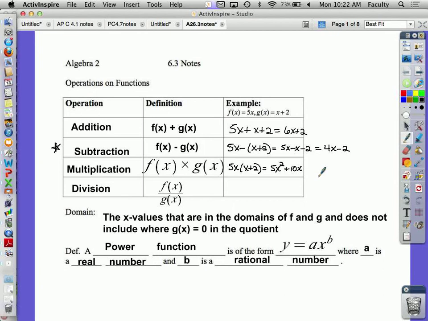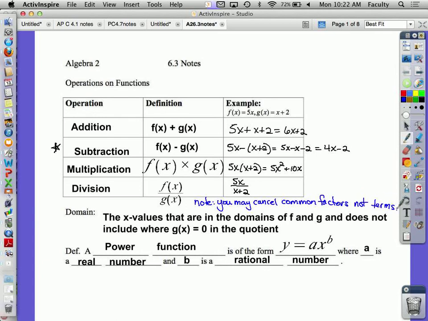Division, f of x divided by g of x. This is just 5x over x plus 2. I'd like you to write a note down. You may cancel common factors, not terms.